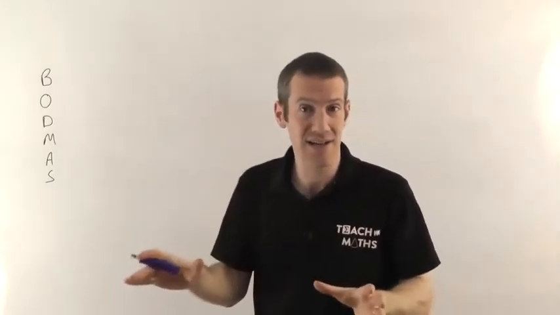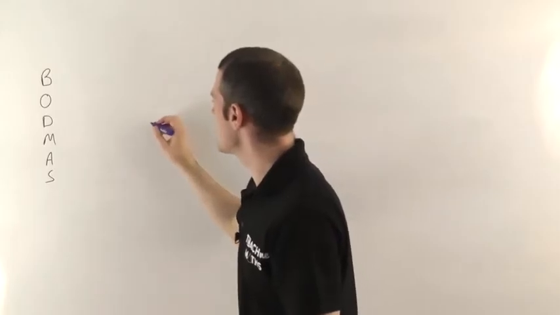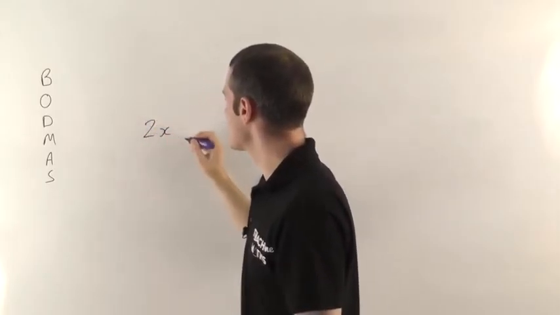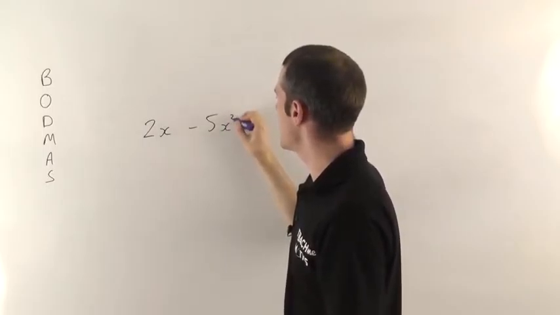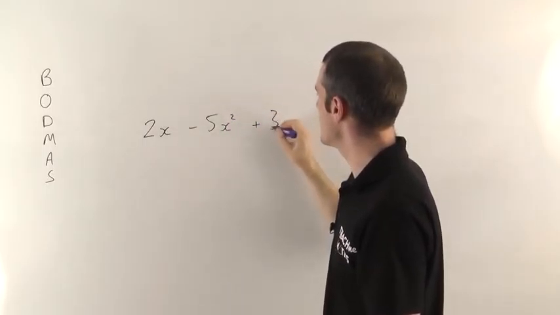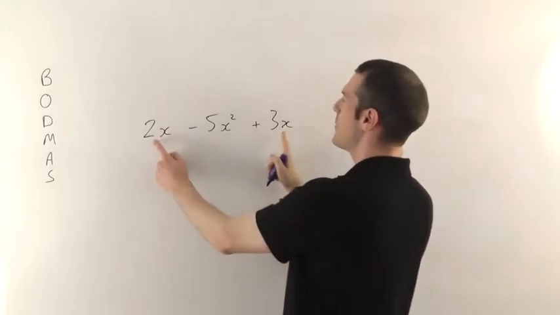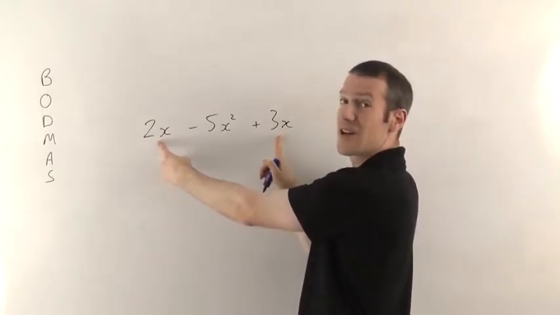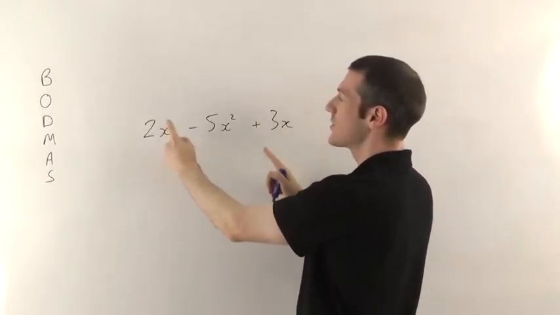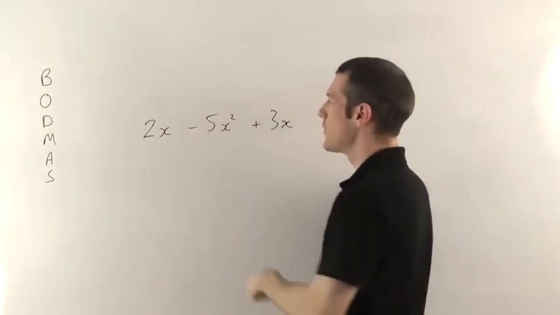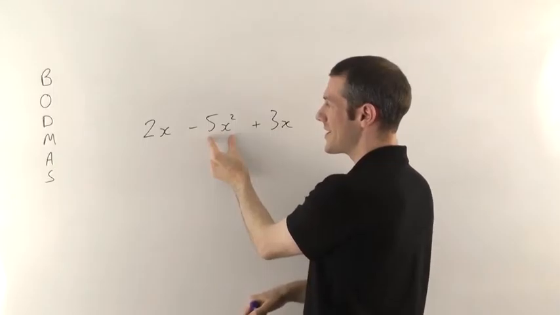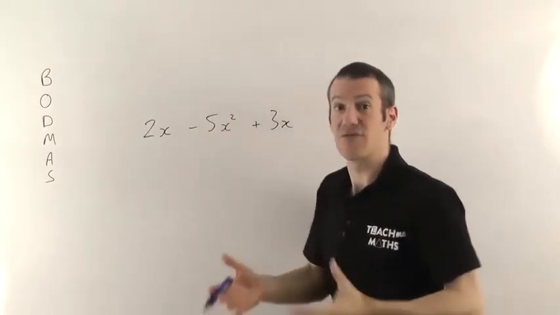Now, I'm going to do this in detail in another video, but the point is that if you've got 2 lots of x and minus 5 lots of x squared, and then later on you add 3 lots of x, you're allowed to combine the terms that are the same kind of thing. So you can combine the 2x with the 3x because they're both types of x. But you can't combine them with the x squared because that's a different kind of term.